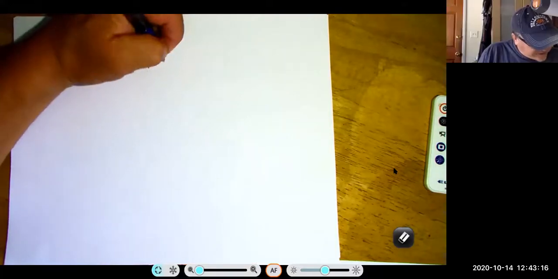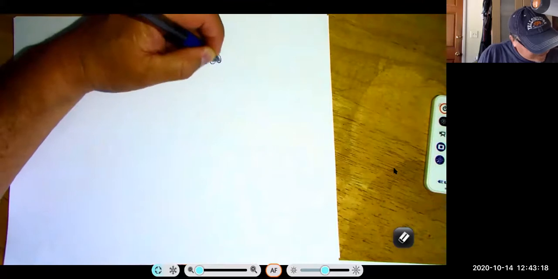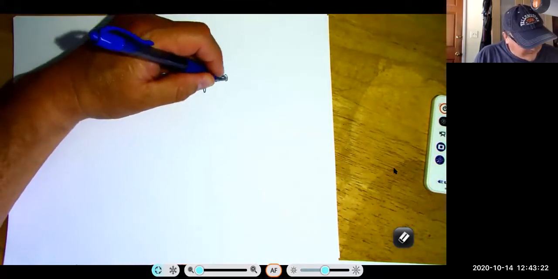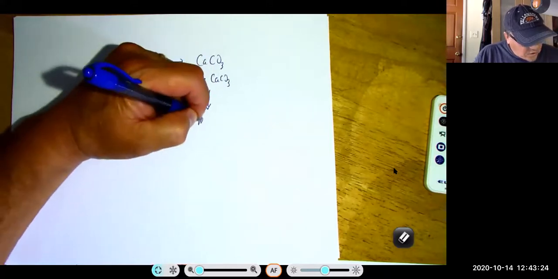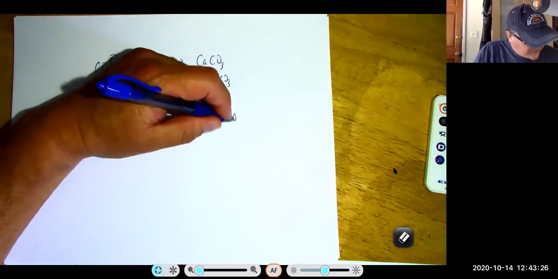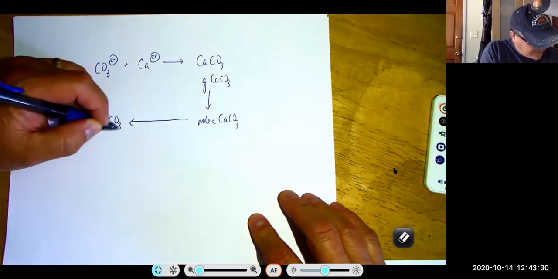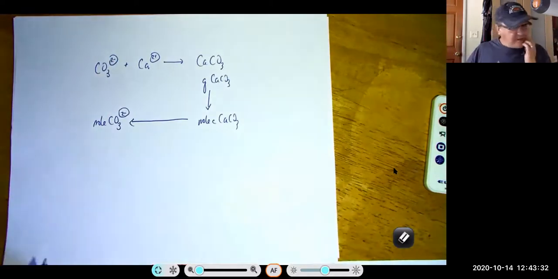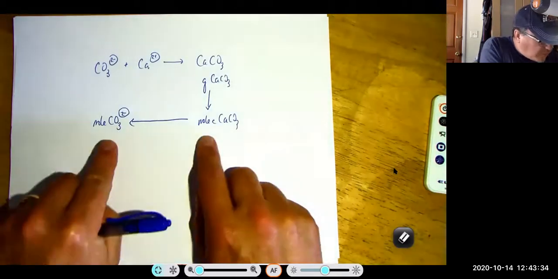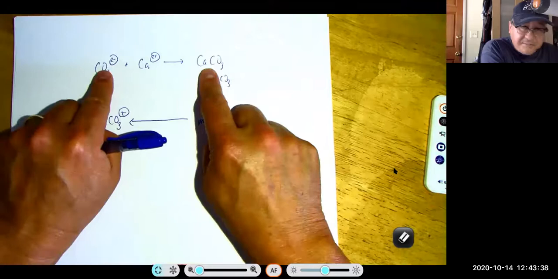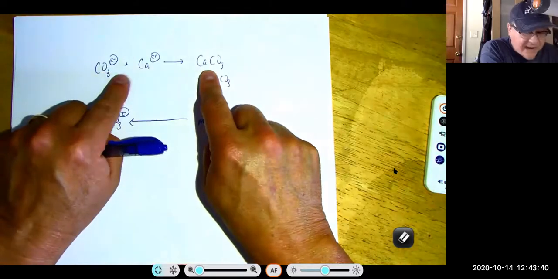I'm going to rewrite this. So we're going to go from grams of calcium carbonate to moles of calcium carbonate, and then we're going to go to moles of carbonate, right? So here, if we're going from moles of this to moles of this, then we want the balanced reaction, the net reaction.